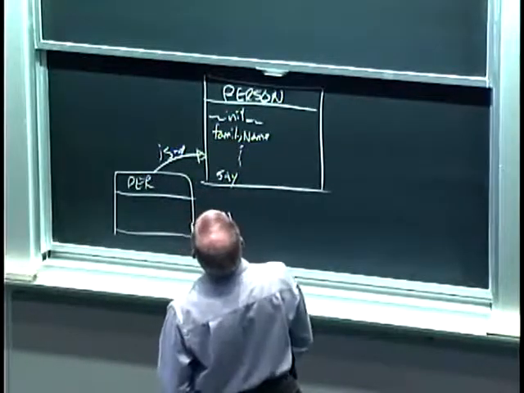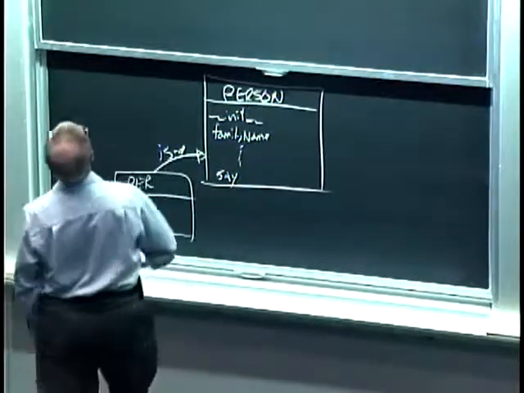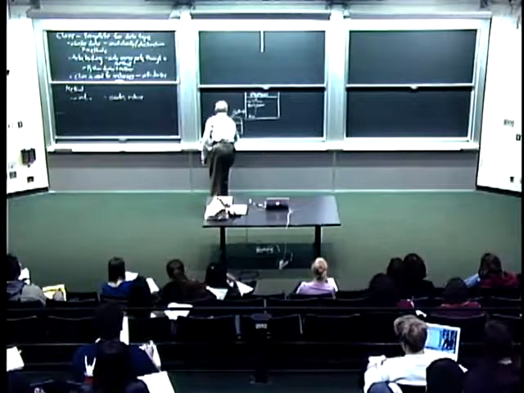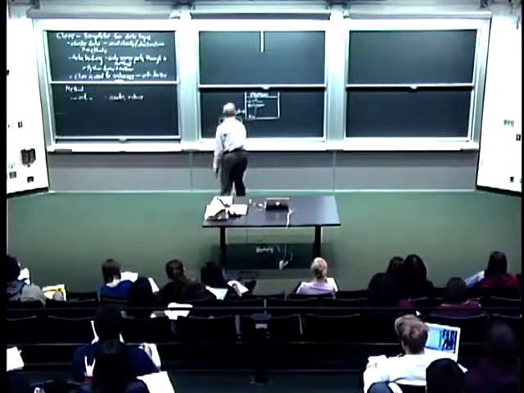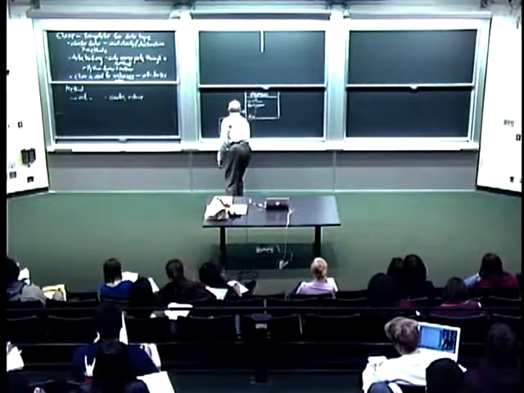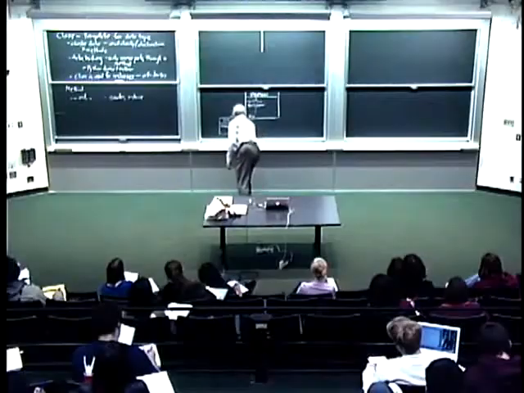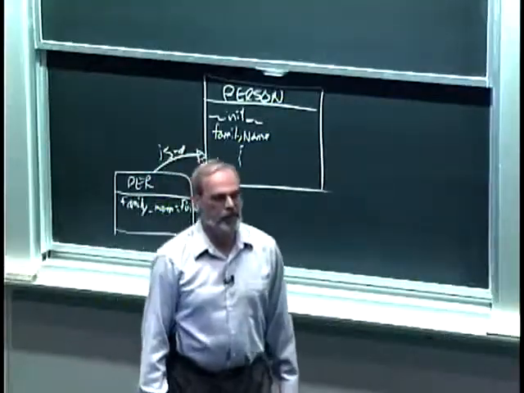Now you can see what init's going to do. It says, oh, inside of self, which is pointing to here, let me bind a variable, family underbar name, to the value I passed in, which was foobar. And same thing with first name.